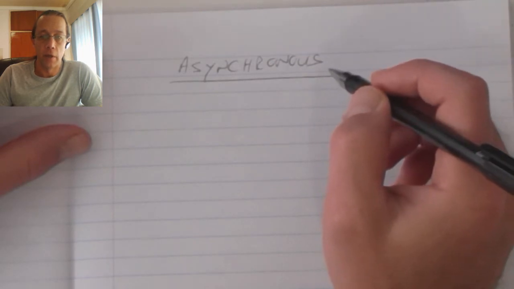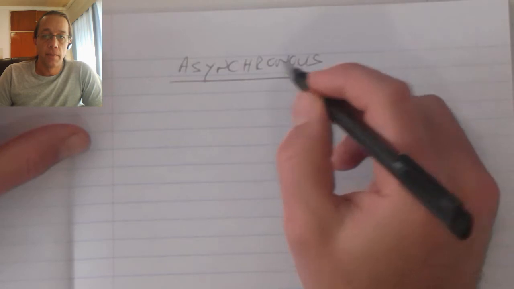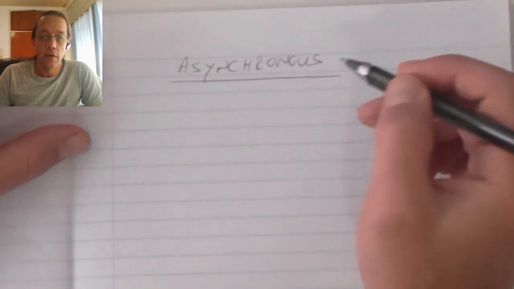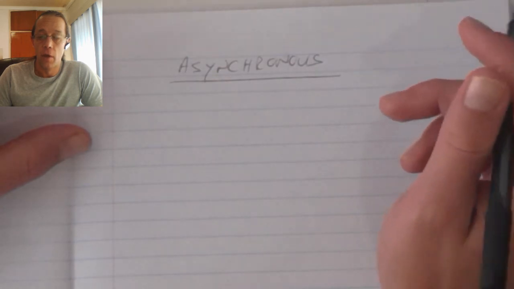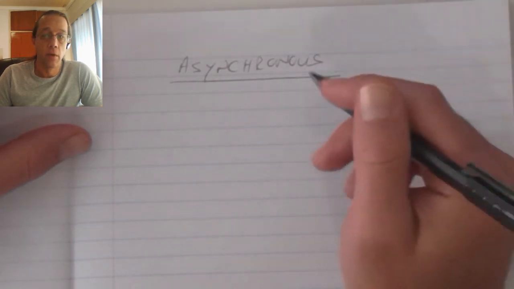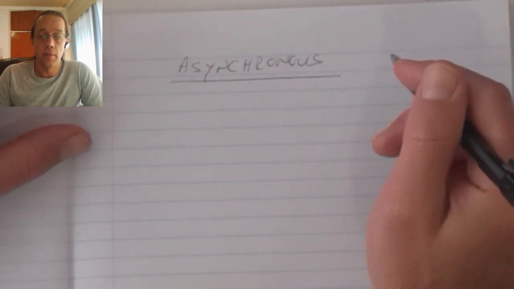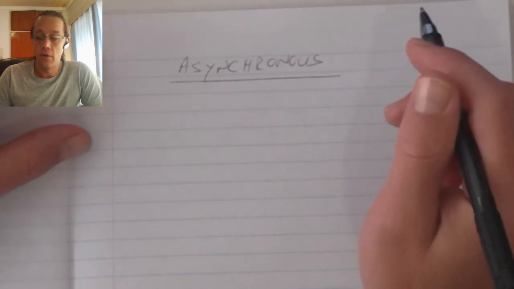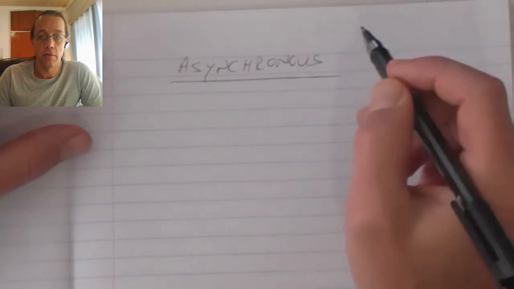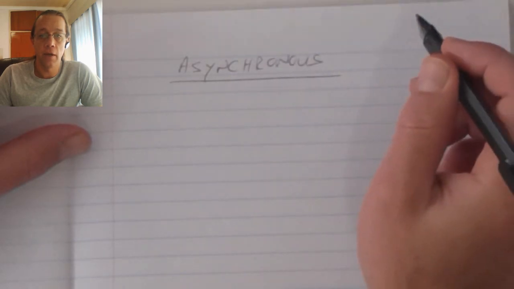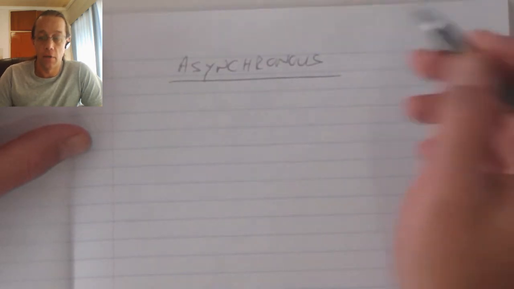When it comes to applications or typical examples of this type of communication, we can think of a mouse or a keyboard. There is no data being transmitted, but as soon as I press a button or move the mouse, then data gets transferred and the receiver automatically picks up that there is data being transferred.